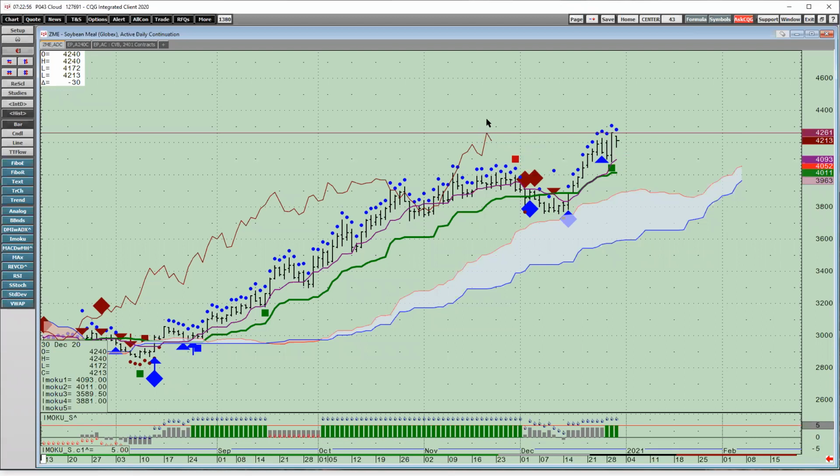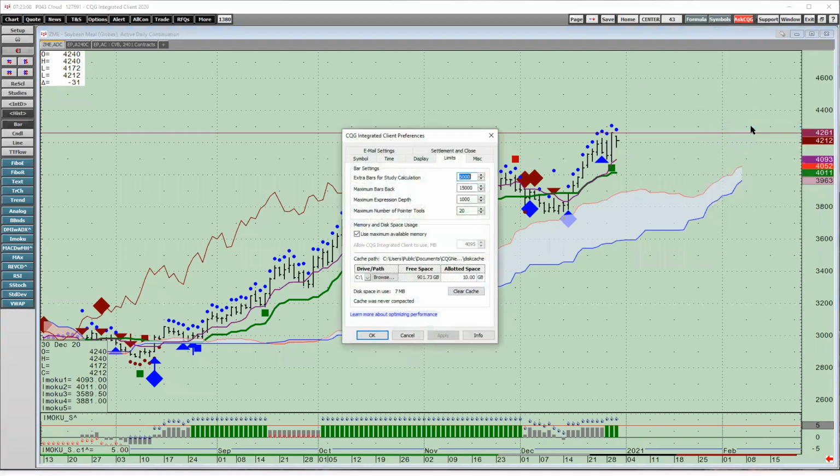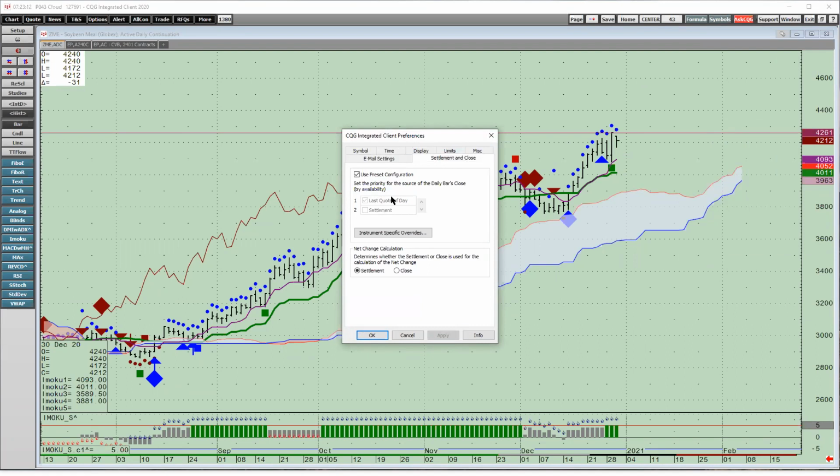Now that brings up something I want to bring up as well, because I don't know about other systems, but just to show you in CQG, and this would make a definite difference in what you're looking at here, we have the ability to make the line for the close, either the close or the settlement. And we can calculate net change on either off the close or the settlement.